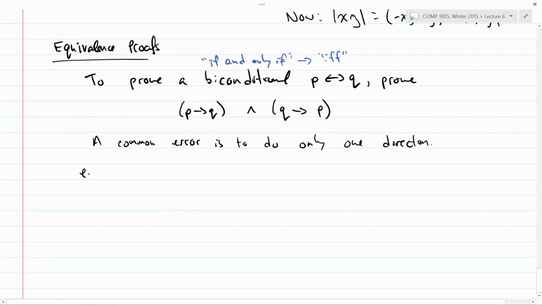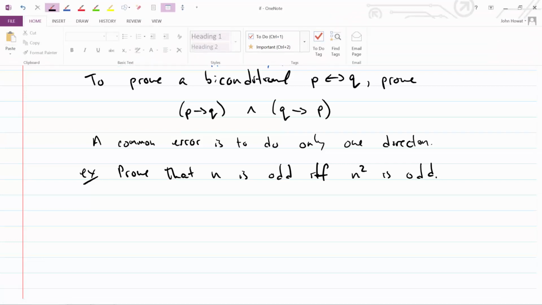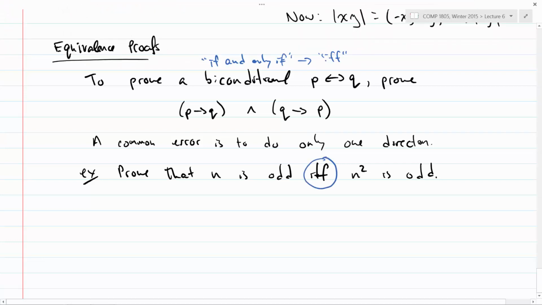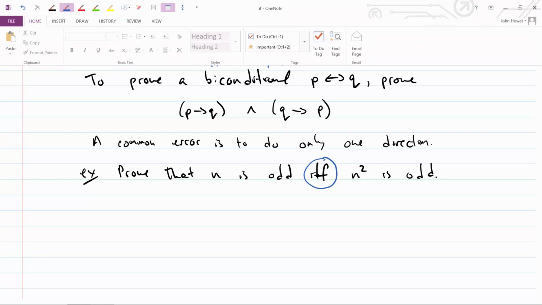All right, so let's see an example of that. I'm going to prove that n is odd if and only if n squared is odd. Notice that I have an if and only if here. That's really important to pick up on.